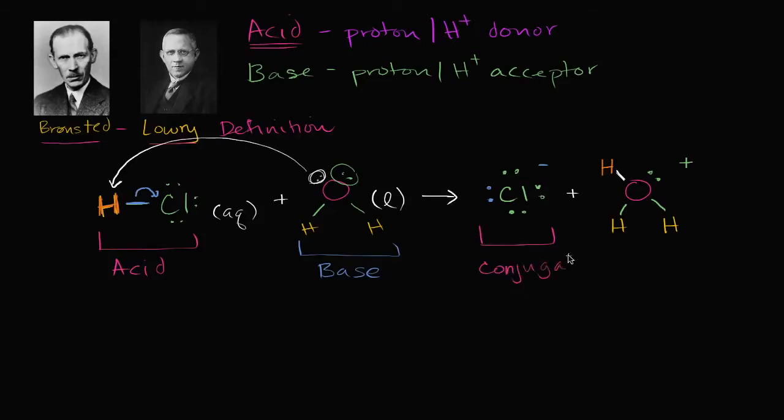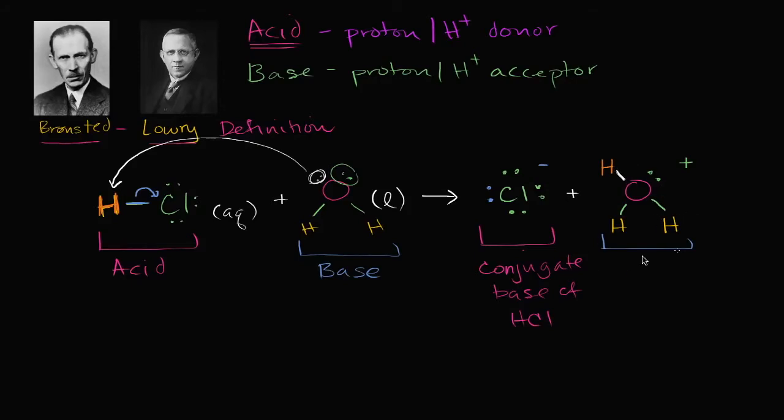Conjugate base of hydrochloric acid. And this right over here is the conjugate acid, because you could imagine this hydronium ion, under the right circumstances, could donate protons to other things, donate a hydrogen without donating an electron.